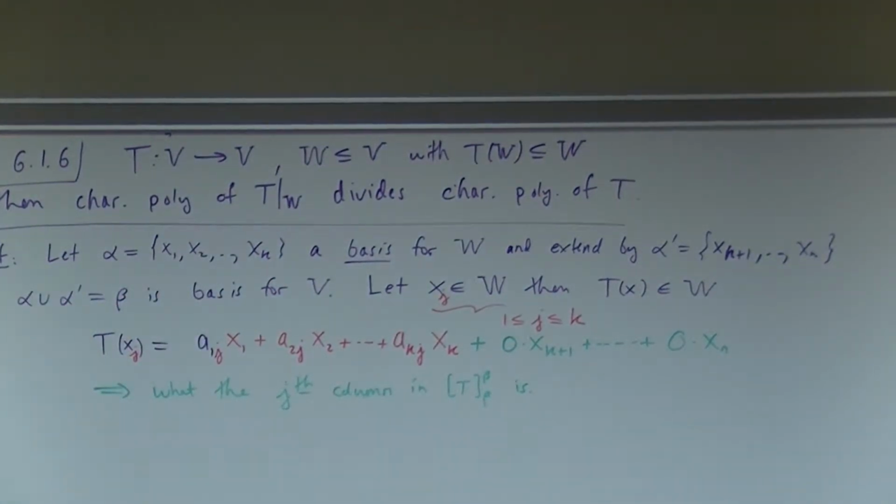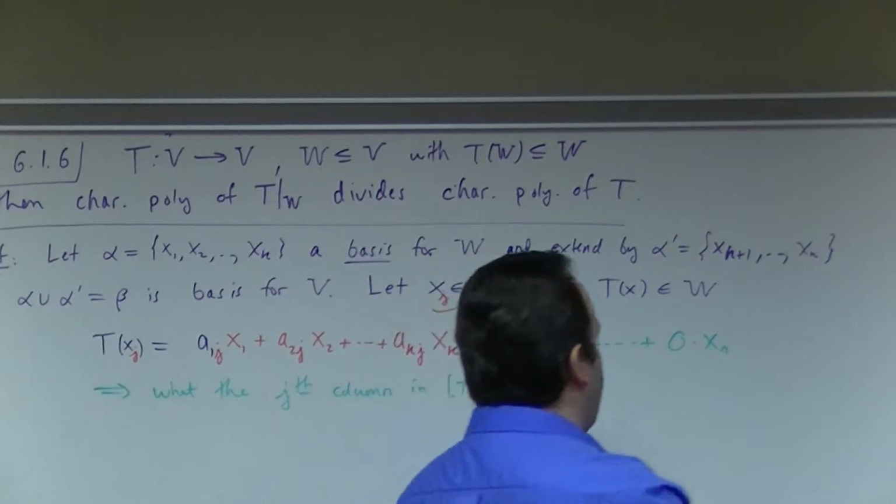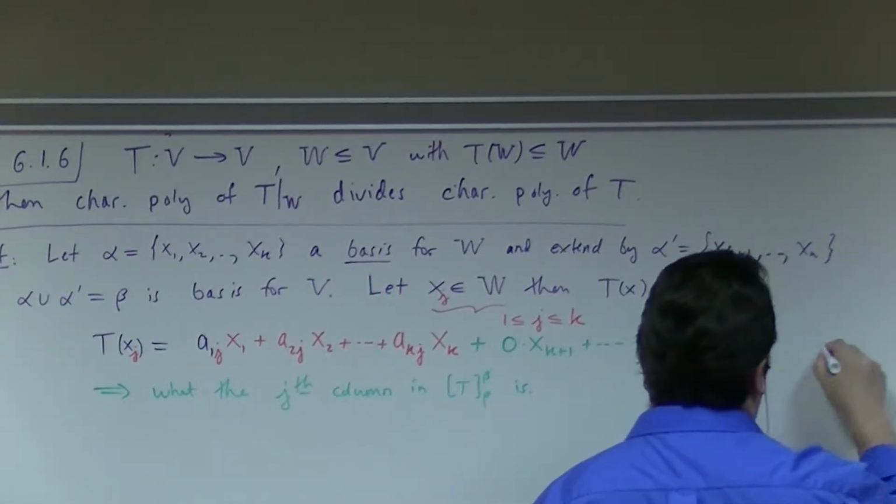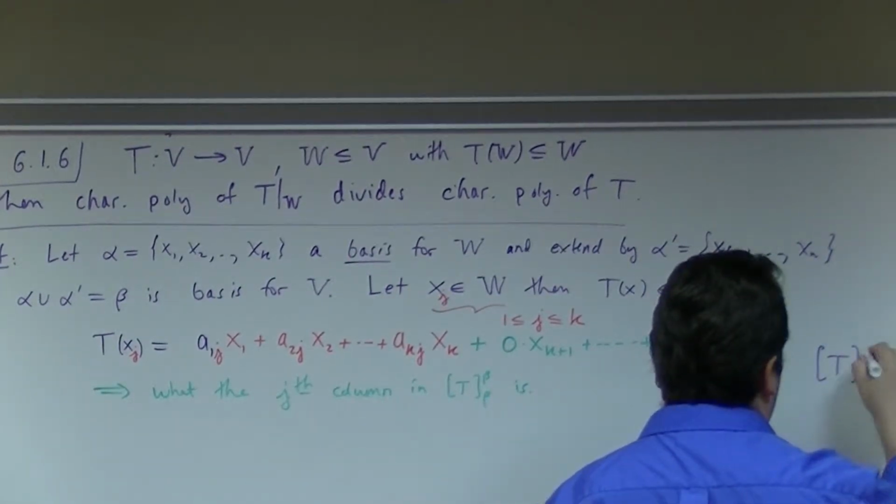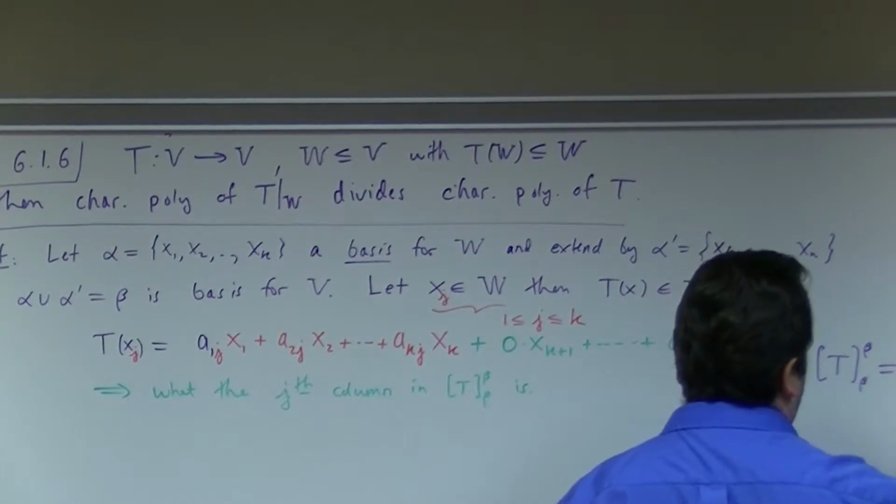It says that the jth column only has non-zero entries in the first k rows, and it has 0 in the last n minus k rows. I don't really care what happens with the rest of the basis. The point is, from this calculation alone, you can see that the matrix for T has to have a very particular pattern. The matrix of T has to look like this. This follows from what we just calculated.